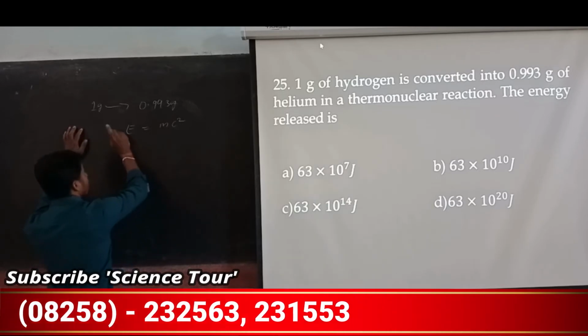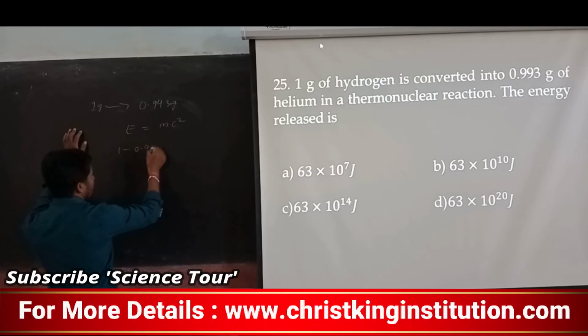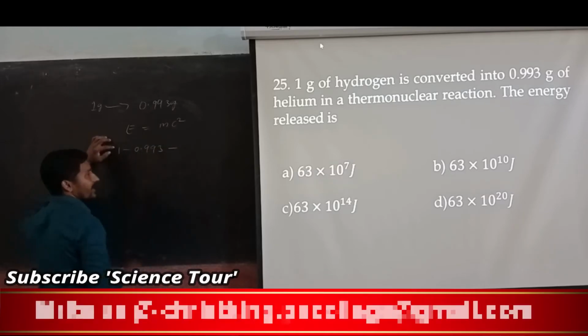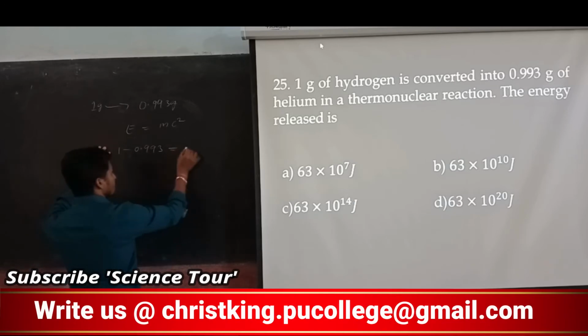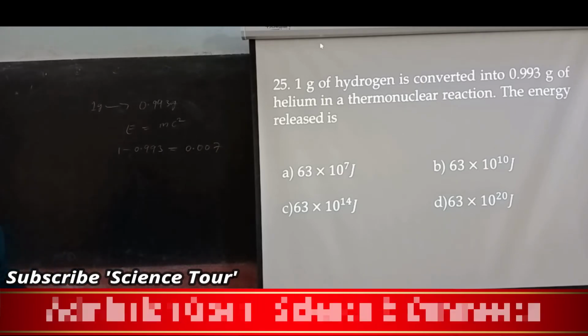Now binding energy means the mass difference. That is 1 minus 0.993, that is 1000 minus 993 I can write, which is equal to 0.007.